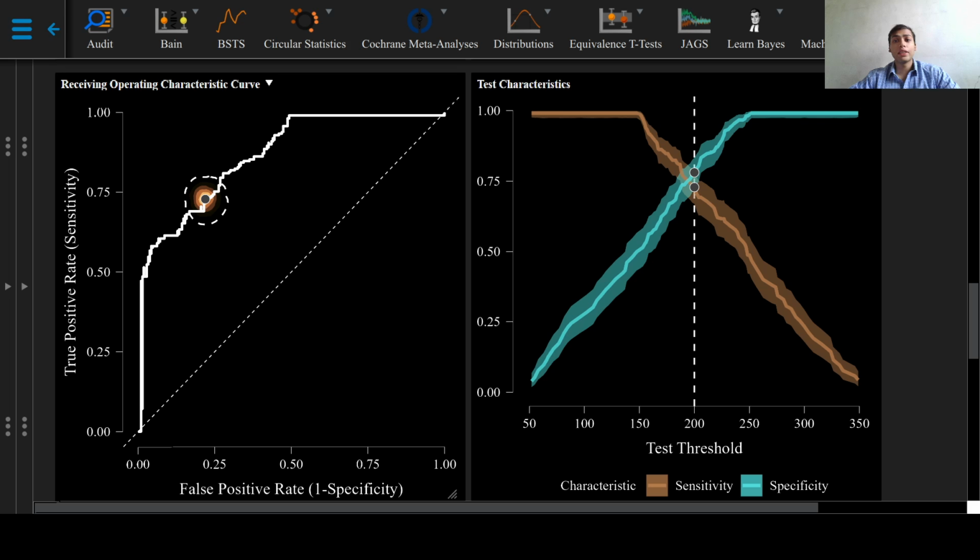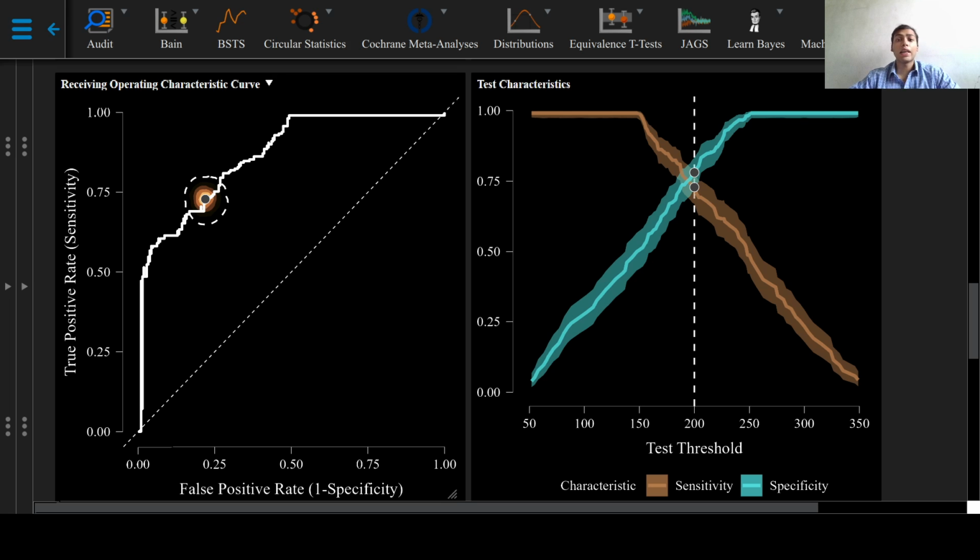A perfect test would be so good at discriminating between positive and negative cases that there would be no trade-off, and the plot would just show a single dot in the upper left corner. If the test were essentially useless at discriminating between positive and negative cases, we would see a perfect trade-off displayed in the plot as a diagonal line.